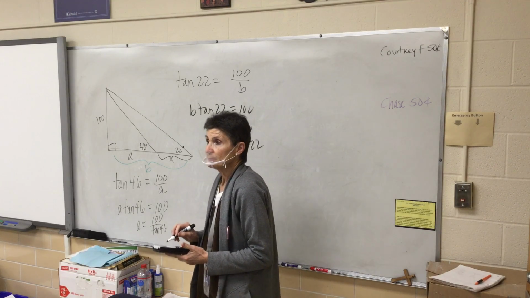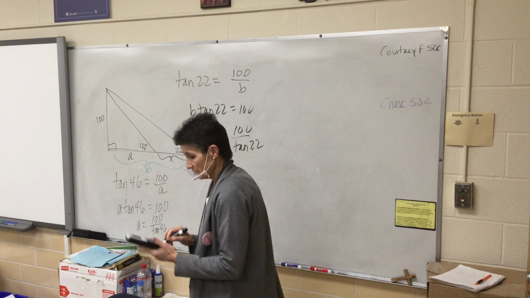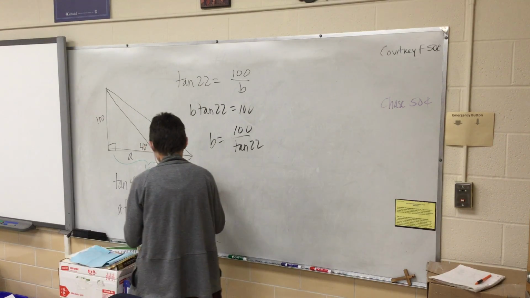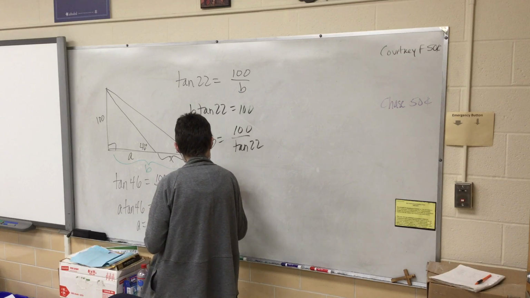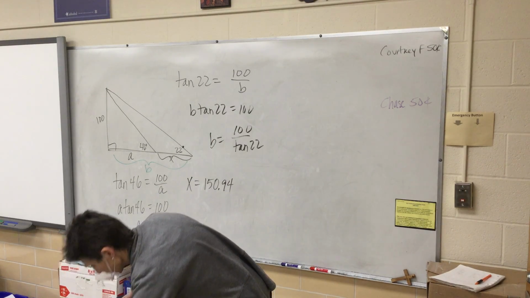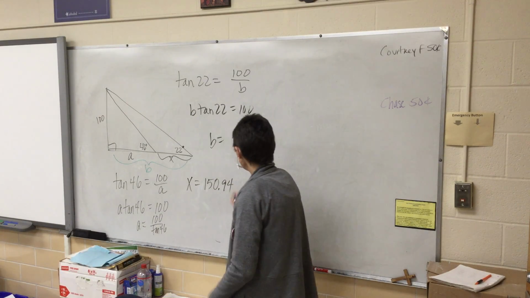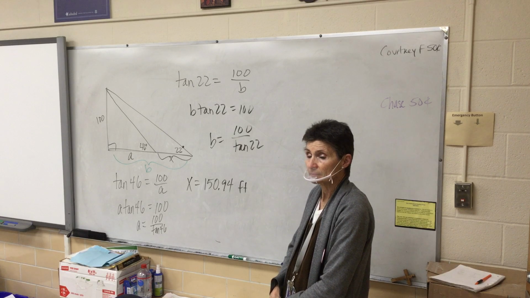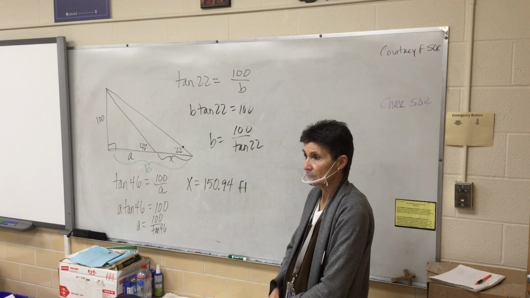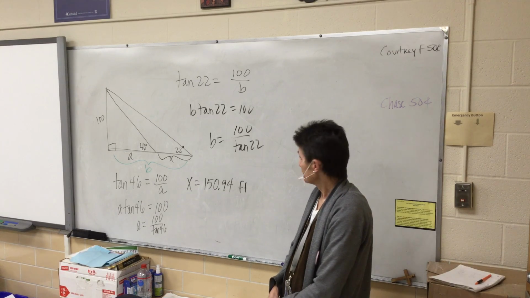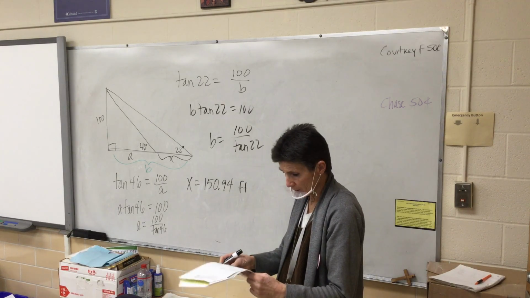Did you get an answer? So my answer is 150.94. What's my unit in this problem? Feet. So that's how far the car moved. All right. So a little bit of effort, but not too hard.